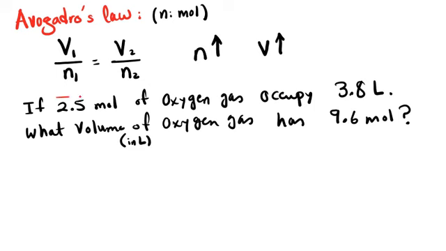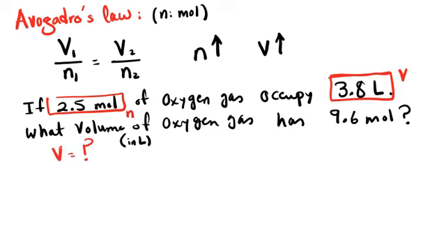This is the mole, and this is the volume related to these moles, V. The question says, what is the volume? Question mark for volume. And we have 9.6 moles, N. It's easy.